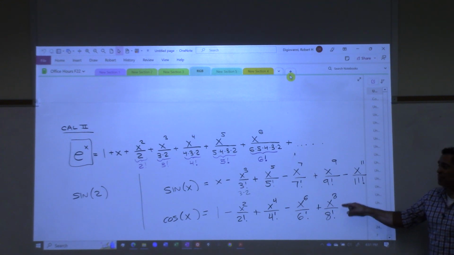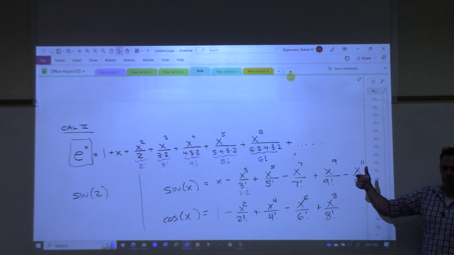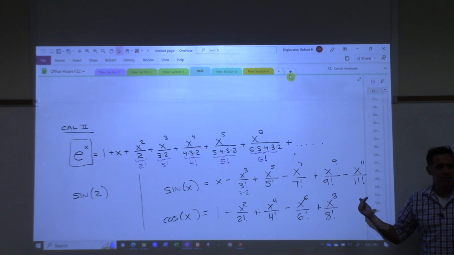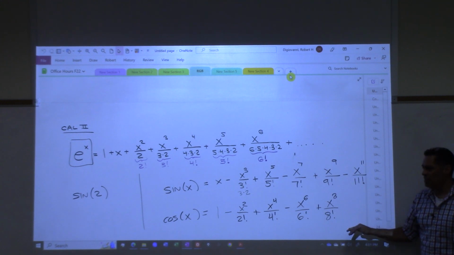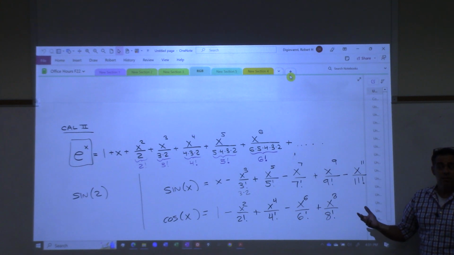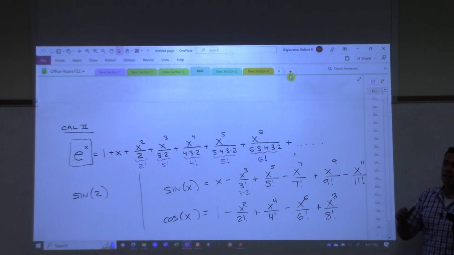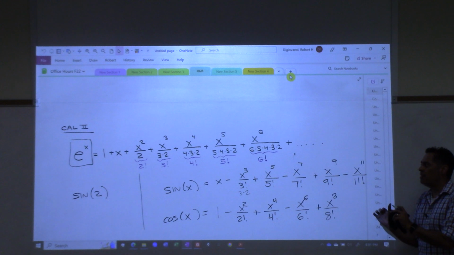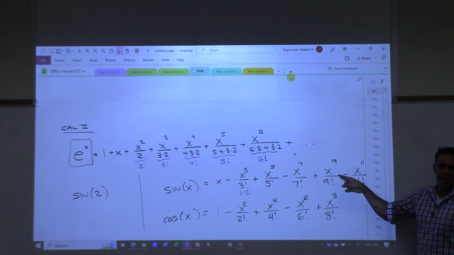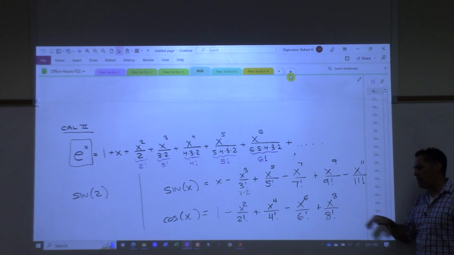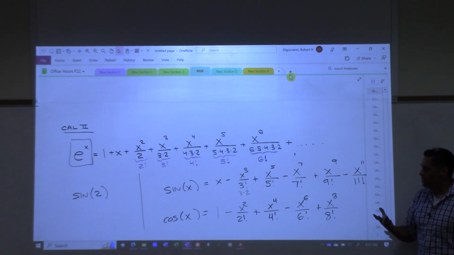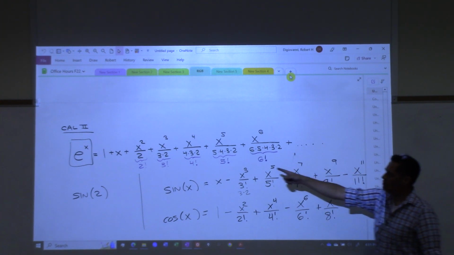They're all even. These are all odd. Don't you learn in pre-cal that sine is an odd function and cosine is even? Right? Why do they call it odd and even back in the day? Well, you didn't realize it then. It's because any odd function has an odd power series, and any even function has an even power series. And other functions like tangent, or e, look at e.